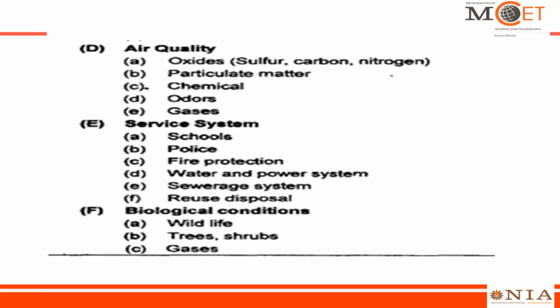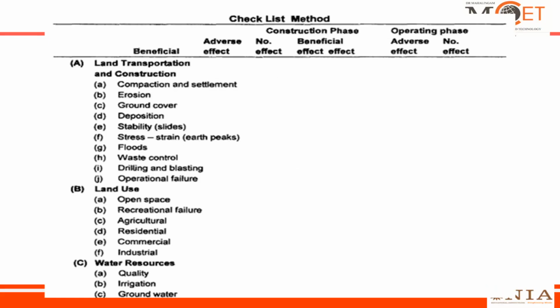Air quality: oxides, particulate matter, chemicals, odors, gases. Service systems: schools, police, fire protection, water and power system, sewerage system, refuse disposal system. Biological conditions: wildlife, trees, shrubs, grasses, and so on. So they are segregating each of those factors into various other factors.